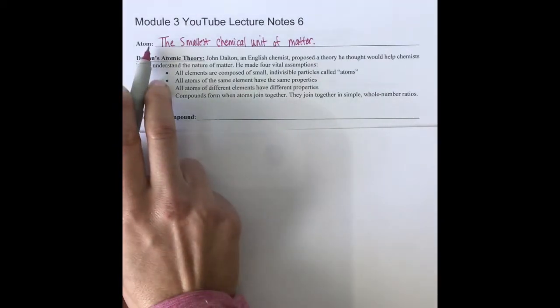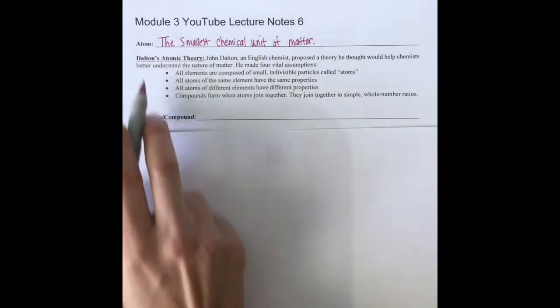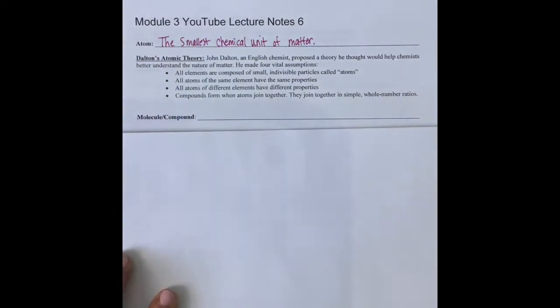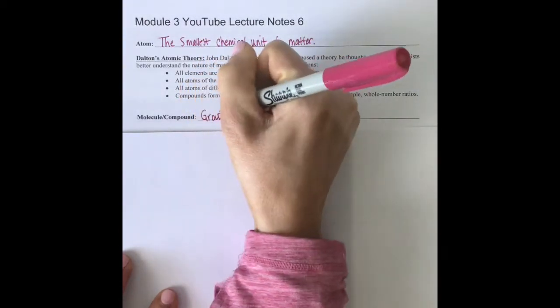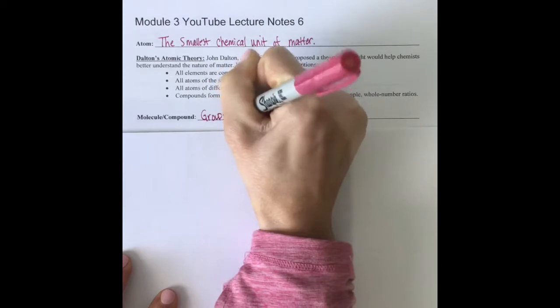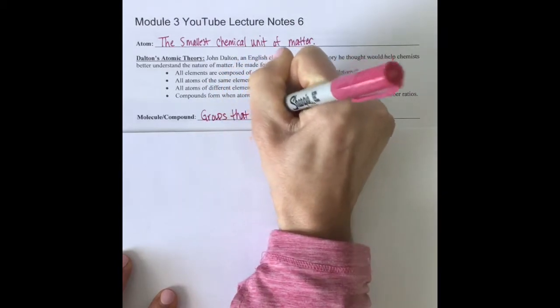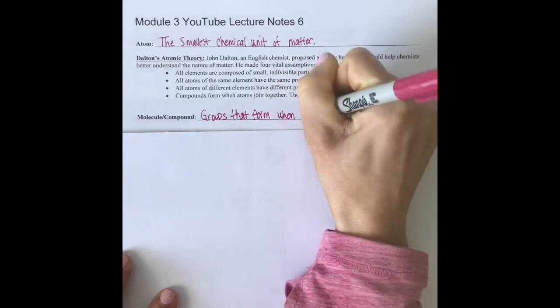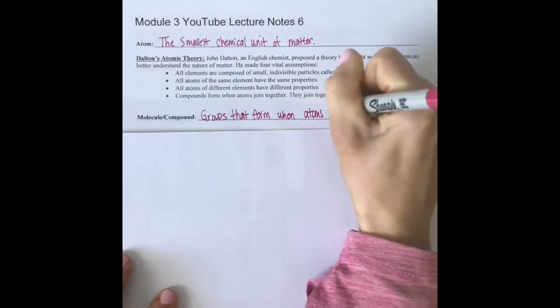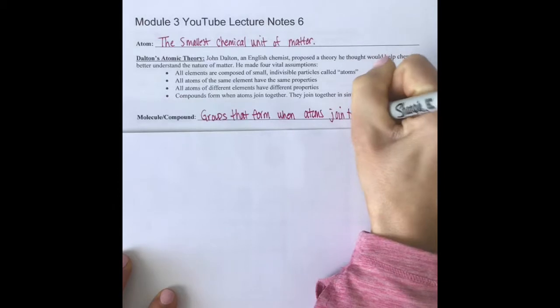So an atom I like to think of as just a single thing. But a molecular compound is when a group of atoms join together. So we'll say groups that form when atoms join together.